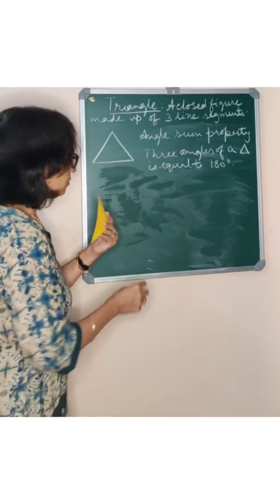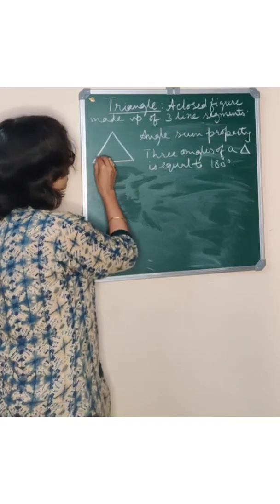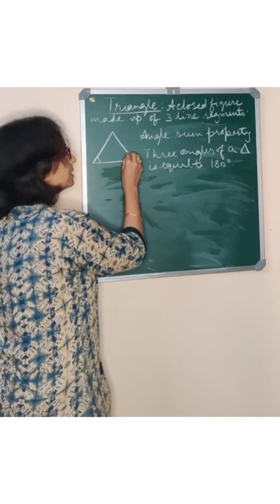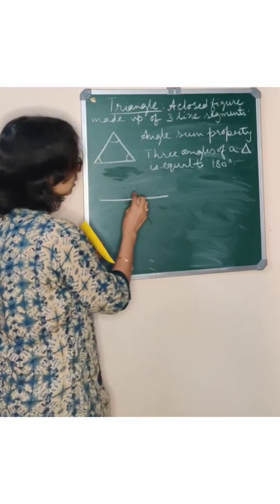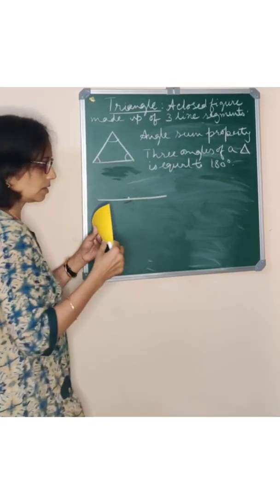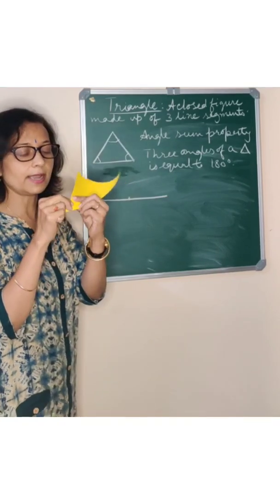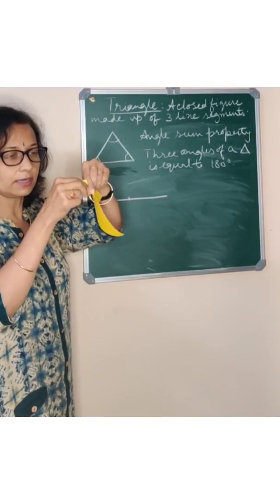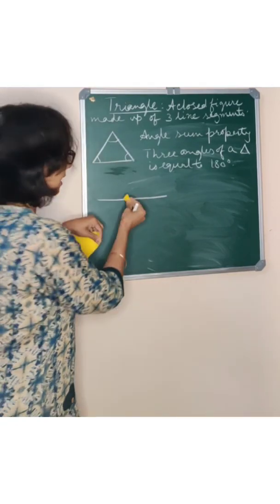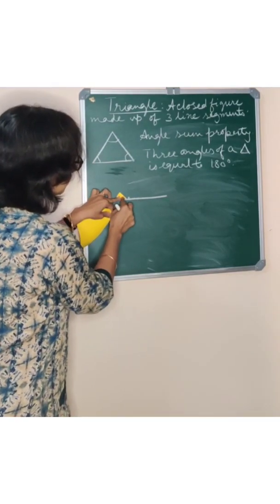Let's find out. Now first what we can do is, this angle I want to tear, this angle I want to tear, and this angle I want to tear, and I want to place all those angles here. Suppose I tear this angle and I will place it here.